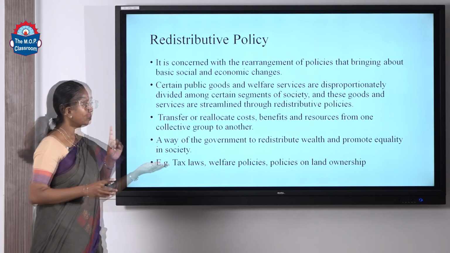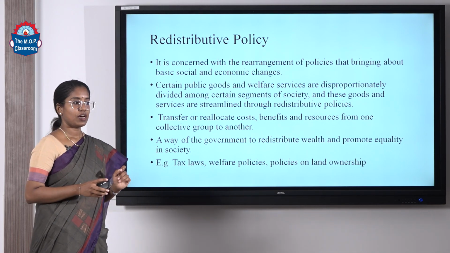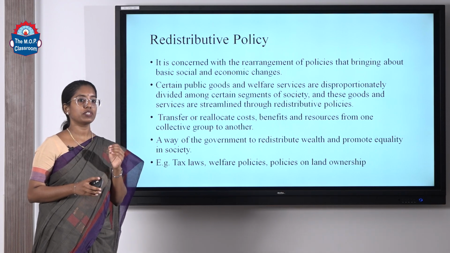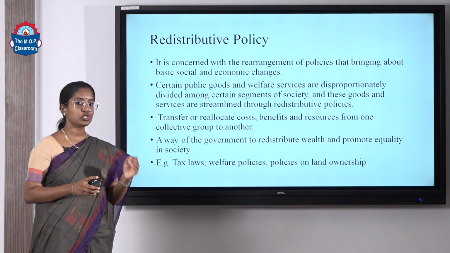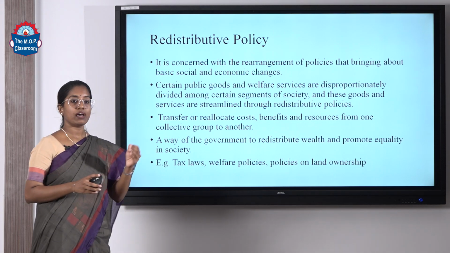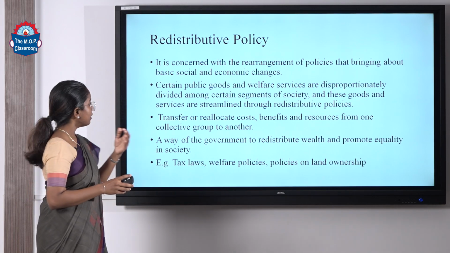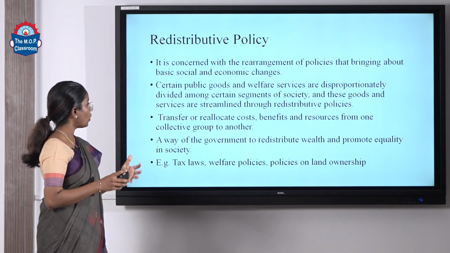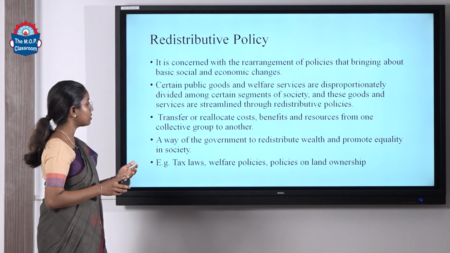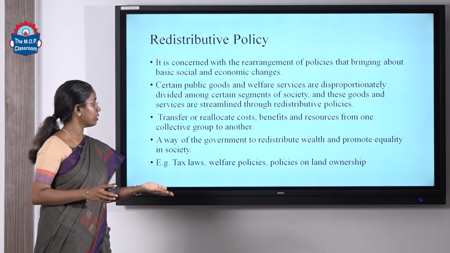For example, the privileged section of the society pays taxes, and this tax is the source of income for the government, and the government will redistribute this income among the underprivileged section of the society. In this way, it is reallocating benefits and resources from one group to another group for their betterment.